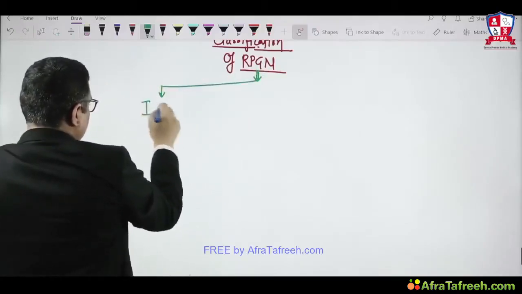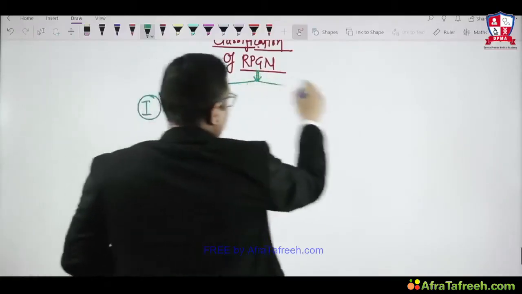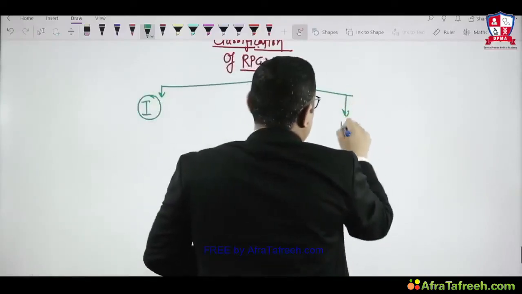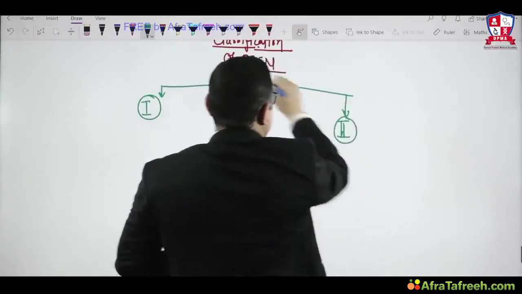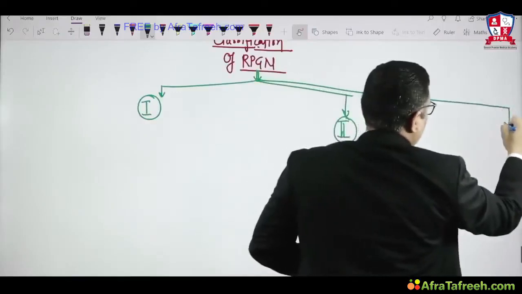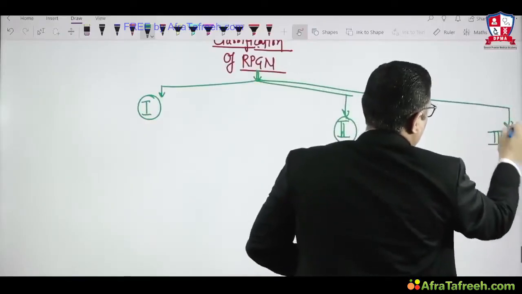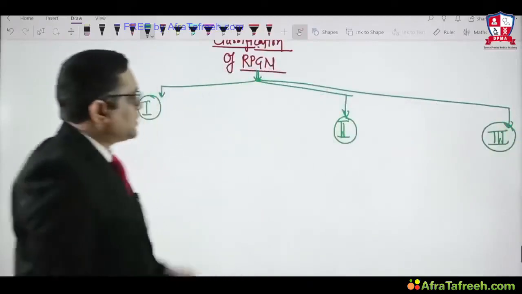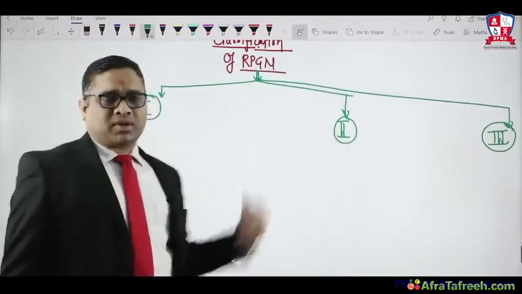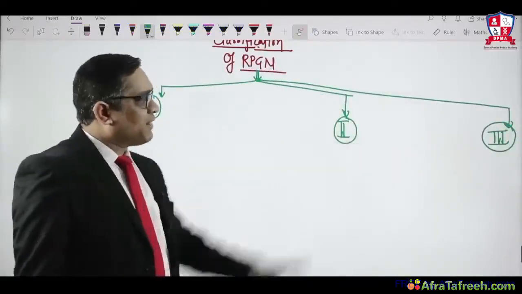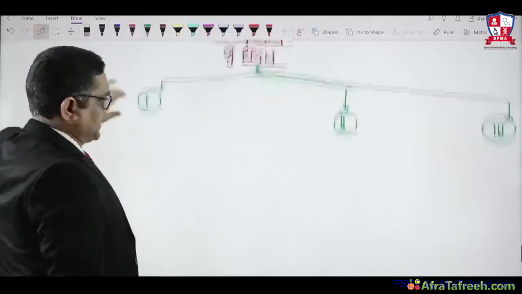RPGN type 1, RPGN type 2, RPGN type 3. So type 1, type 2, type 3. There are three types of RPGN which we need to understand, right?